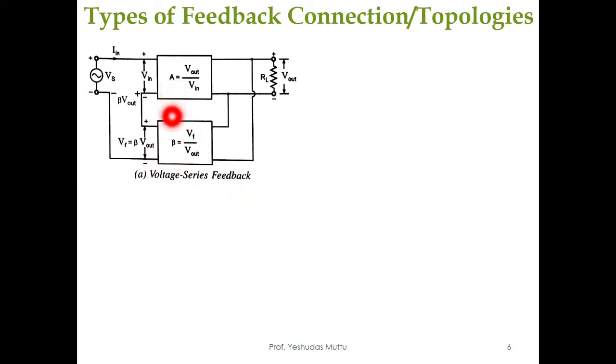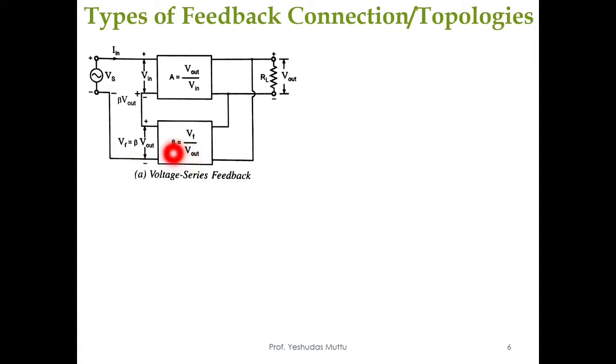Now have a look at A and beta. A is equal to V out upon V in. You know that the amplifier gain is output upon input. So what is the output? V out. Input is V in and not Vs. Similarly, for beta, the feedback network, the input is V out and the output is Vf.